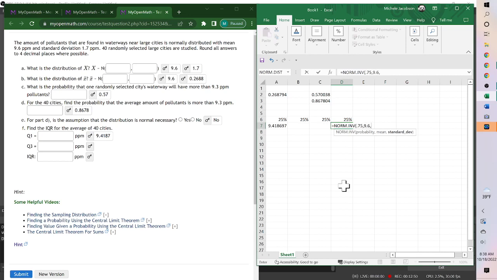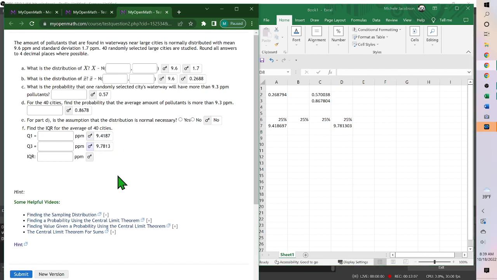So we use part B's standard deviation, 0.2688. There you go. And then you subtract these two to get this one. So Q3 minus Q1 is this.